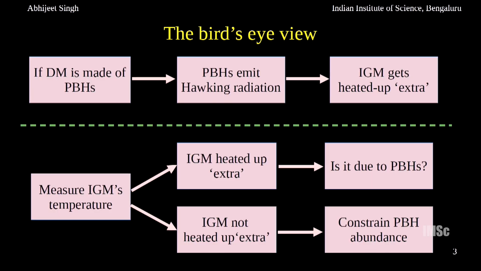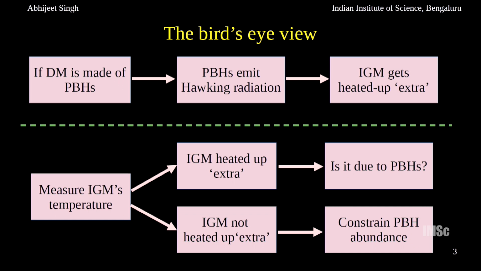Let me first give you a bird's eye view of what I'm going to tell you about. So this should orient you, where we are going. If dark matter is made of primordial black holes, and if those primordial black holes emit Hawking radiation, the Hawking radiation can heat up the intergalactic medium a little extra over and above what other sources would do. Now you go and measure the intergalactic medium's temperature.